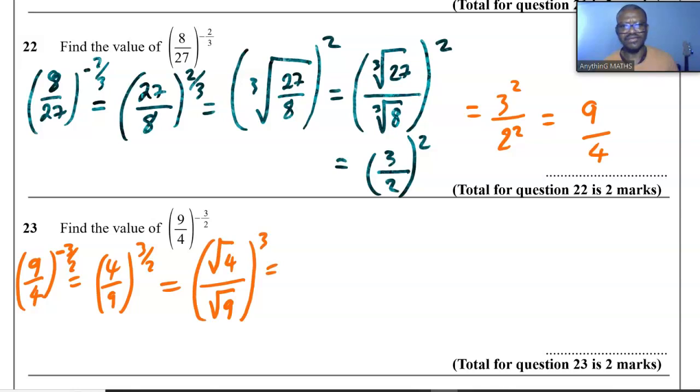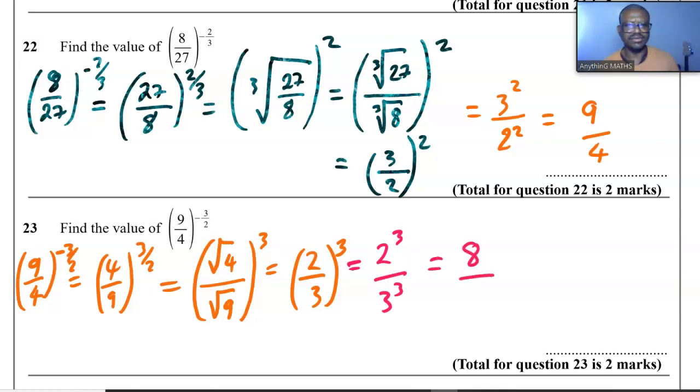The square root of 4 is 2 and the square root of 9 is 3, all raised to the power 3. By the law of indices, we can write 2 raised to the power 3 and 3 raised to the power 3, 8 over 27.